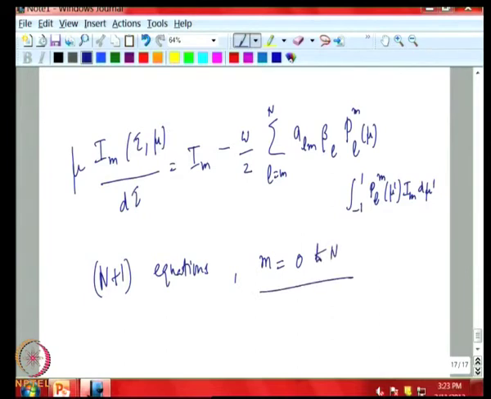So, we have n plus 1 equations in n plus 1 unknowns. And the m equals 0 case is what we had done earlier, that is the azimuthally averaged quantity.